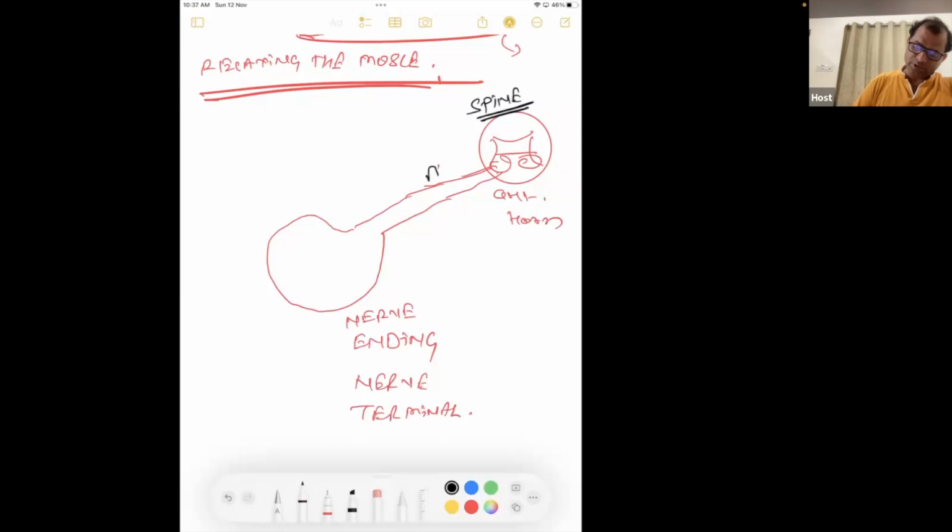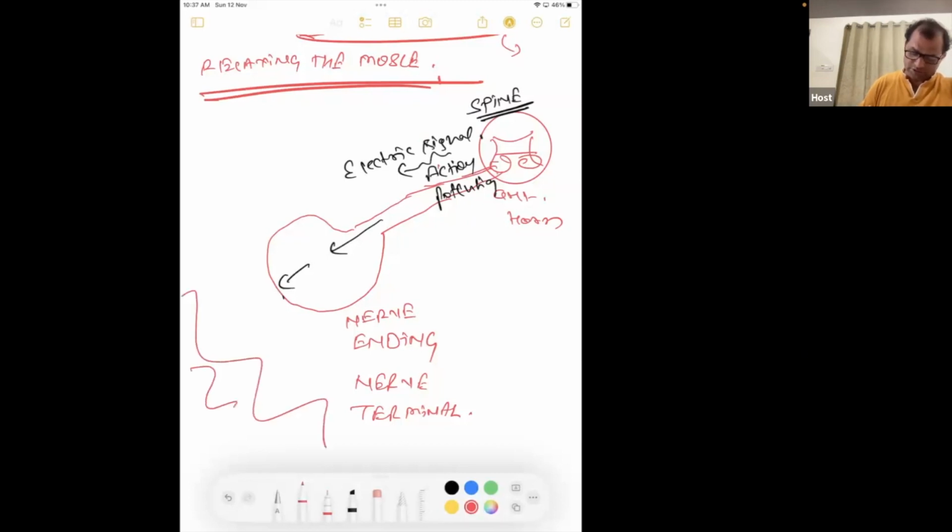the action potential is coming in the form of an electric signal, right? Then it's reaching the last part of the nerve. But our target is the contraction of this skeletal muscle.